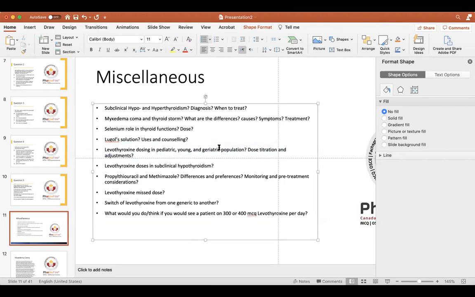Quick. No, you have the dose for the pediatric as well. Yes, correct. For the elderly, we start with this dose, 1.6 microgram, and for pediatrics, you have the dose in the CTC for the children.